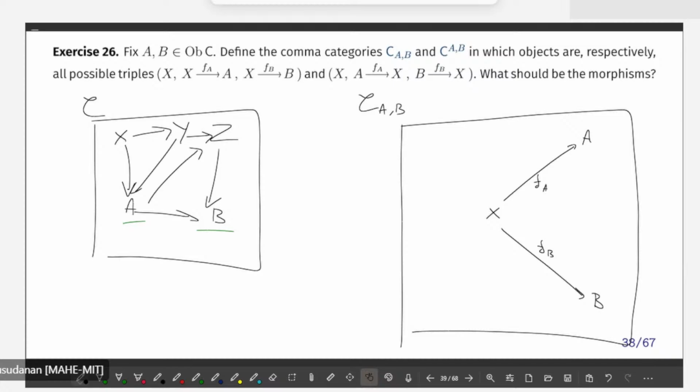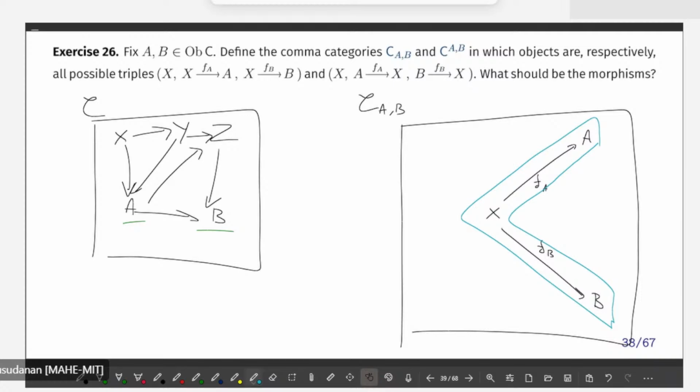This is one object. Remember that this happens to be a single object in the new category.